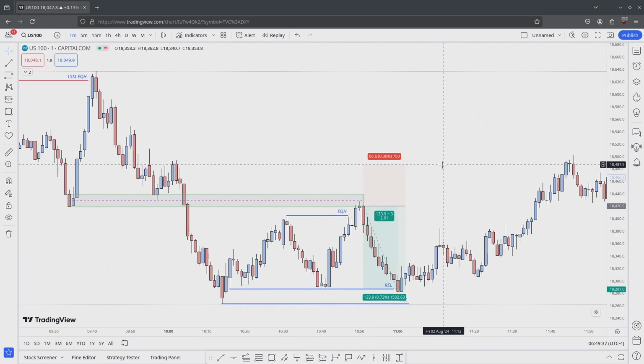So we've covered quite a few PD arrays here. We took a look at the order block, the breaker block, the fair value gap.